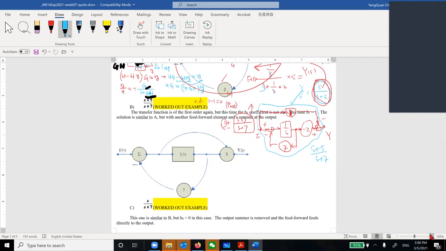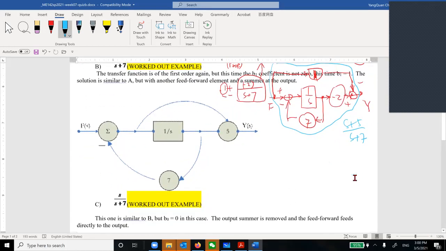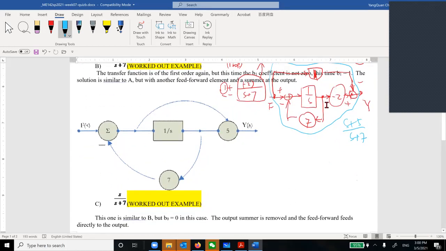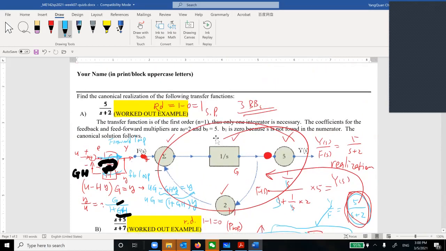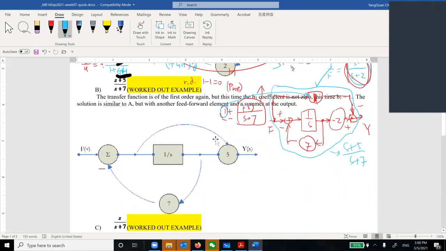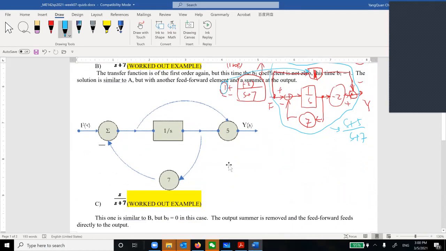Let me make it a little bit bigger. So I already worked out a realization here, because I pull out this 1 to here, okay? So you add on top, so you get this one. I worked it out following the earlier example, right? So I'm now doing another realization here. Let's check whether this is correct, okay?